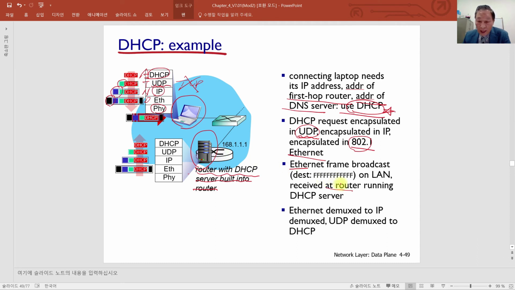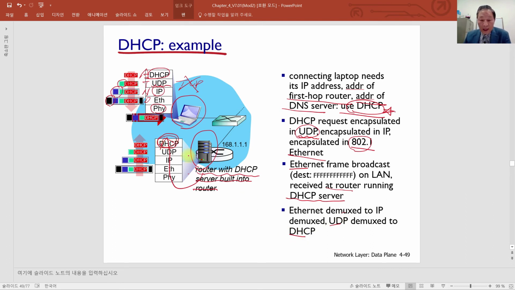Then the router receives that, and since this router has the DHCP server functionality, the message arrives in reverse order: Ethernet, UDP, and finally DHCP in the application layer.